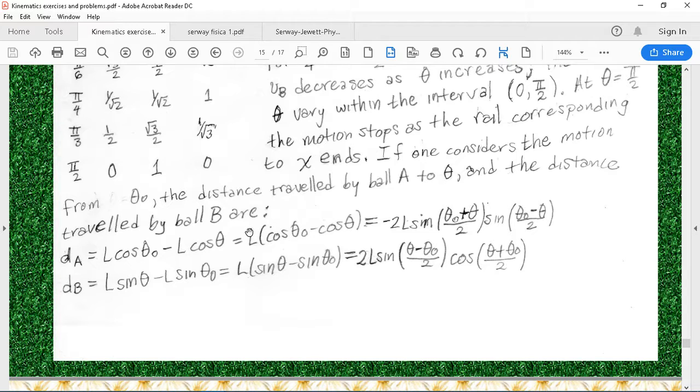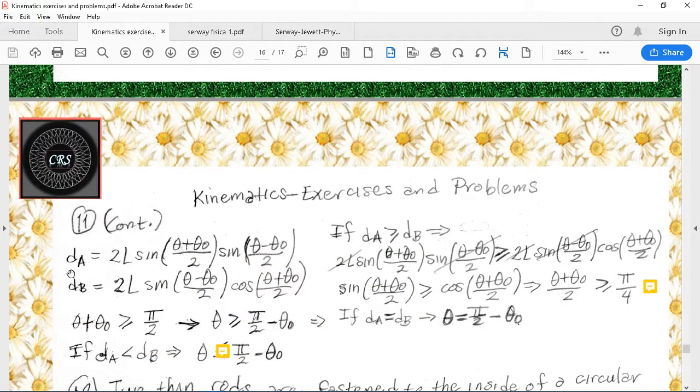That gives L times cosine theta 0 minus cosine theta, which is equal to minus 2L sine of (theta 0 plus theta)/2 times sine of (theta 0 minus theta)/2. That will also be equal to 2L sine of (theta plus theta 0)/2 times sine of (theta minus theta 0)/2.